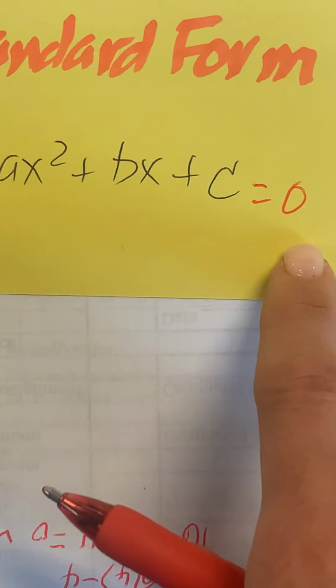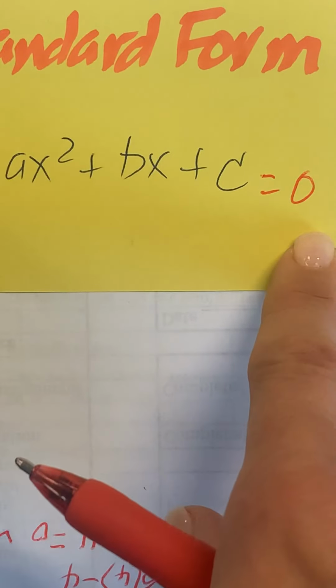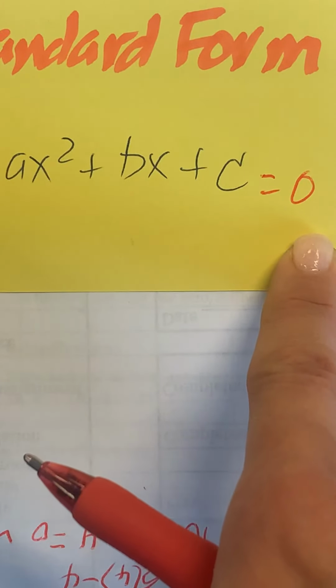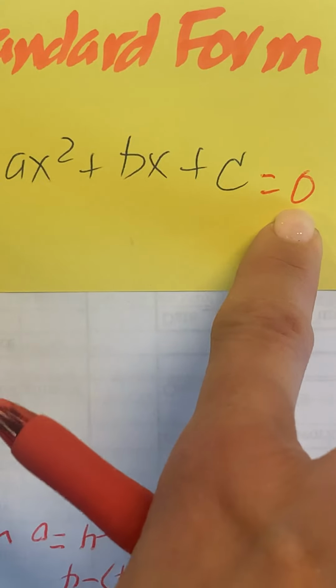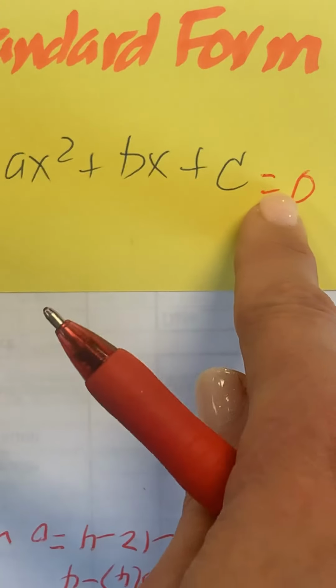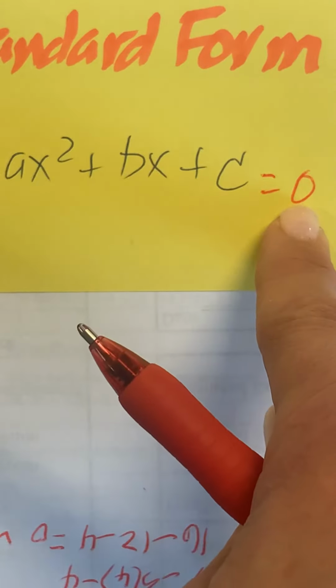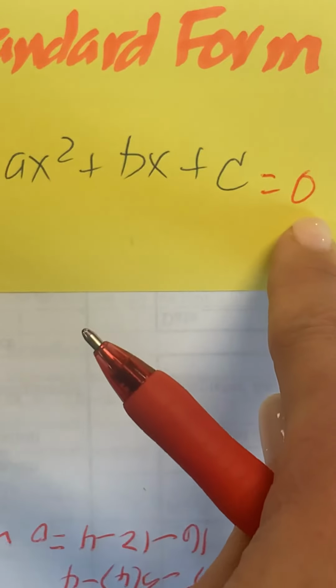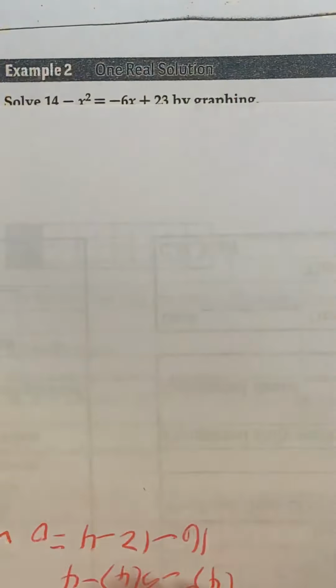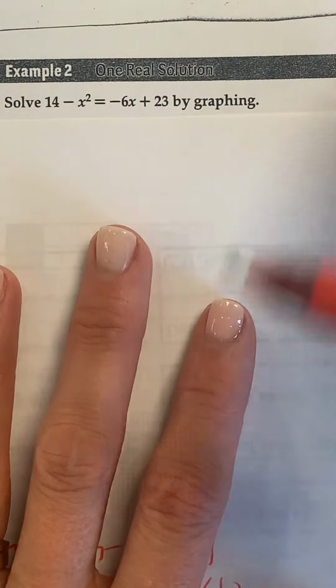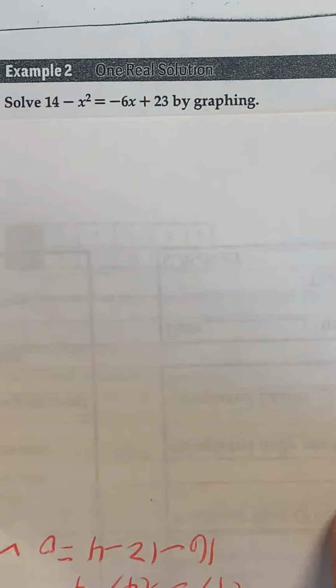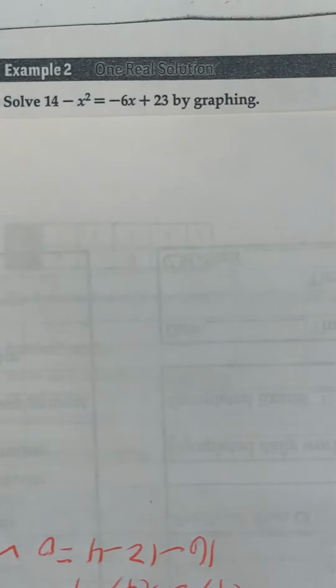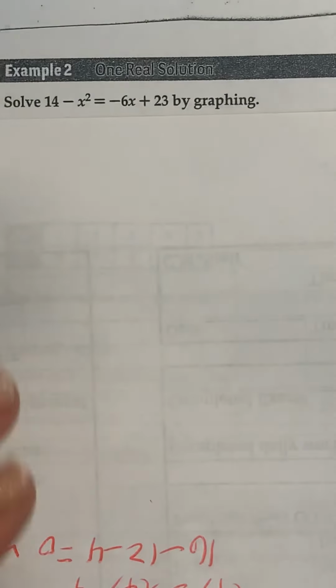That's the big idea, concept for this particular lesson. In order to solve this by graphing, I have to find the x-intercept where y is 0. So these all have to be put in standard form where y is set equal to 0. So I'm going to rearrange my terms. I'm going to move them all to the same side of the equal sign so that one side is 0.